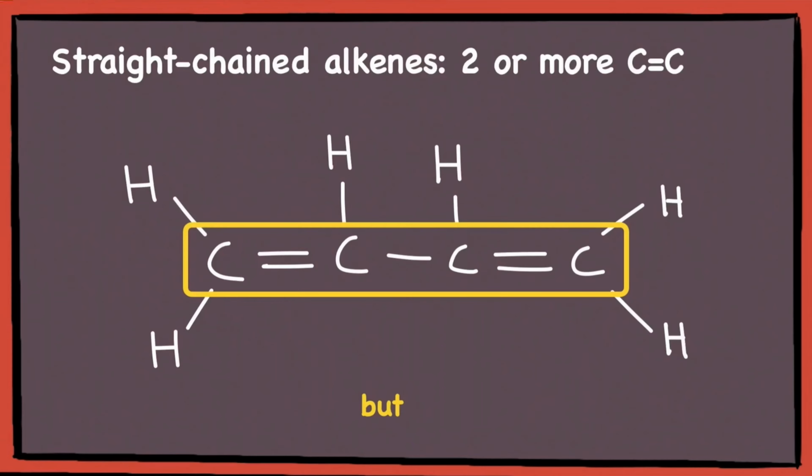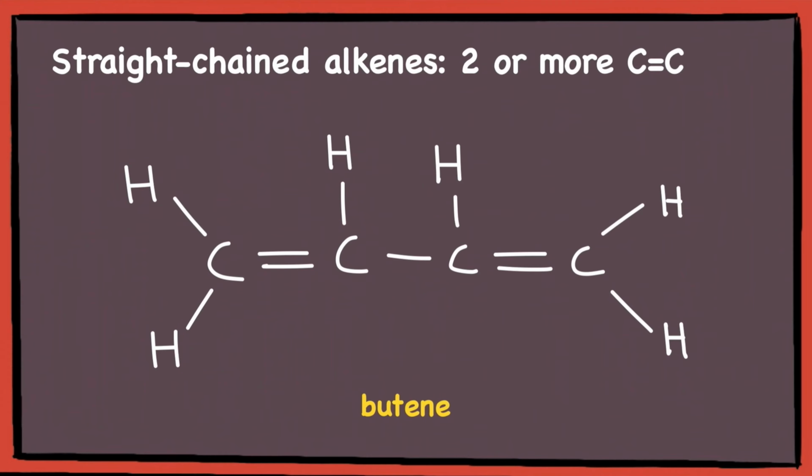Then step 2, since it's an alkene, its suffix is -ene. Lastly, because the C=C double bond is located at the first and third carbon atom of the parent chain, we will add in the number of their positions. And because there are 2 of the same C=C double bond, we'll add in di. Hence, this molecule will be called buta-1,3-diene.